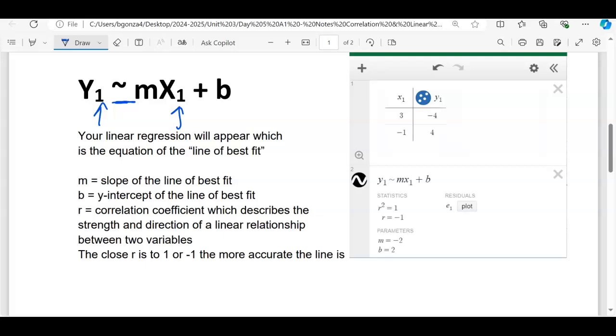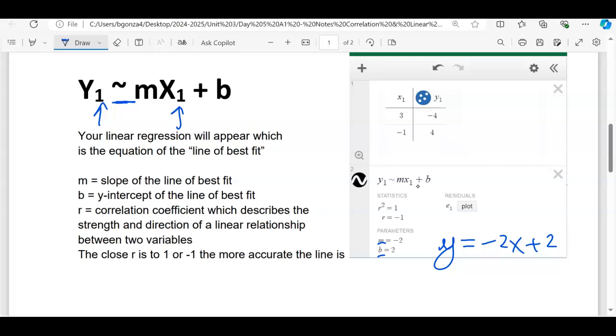So if M is -2 and B is +2, my equation would be y equals mx plus b, -2x plus 2. Okay? Do you see how you can start with just even 2 points, linear regression, M and B, write the equation, okay? That's the basics of what we're doing today.